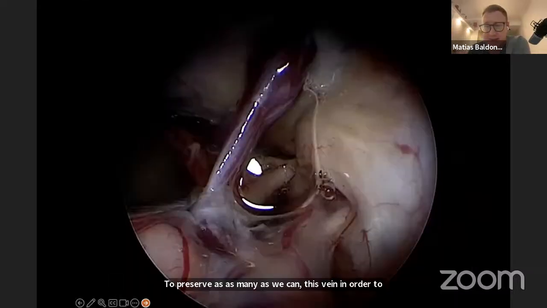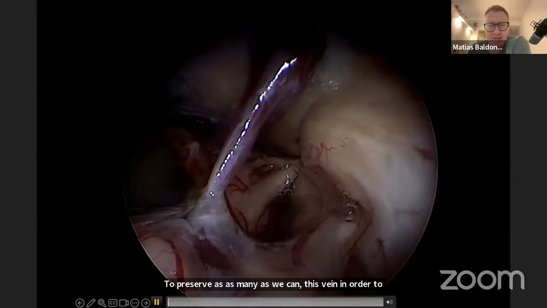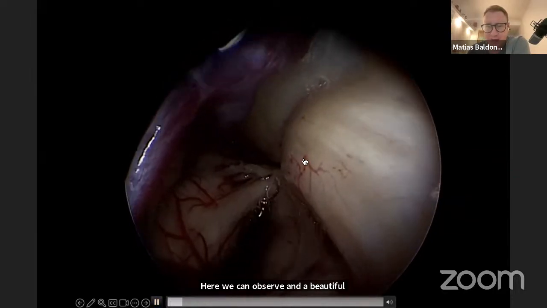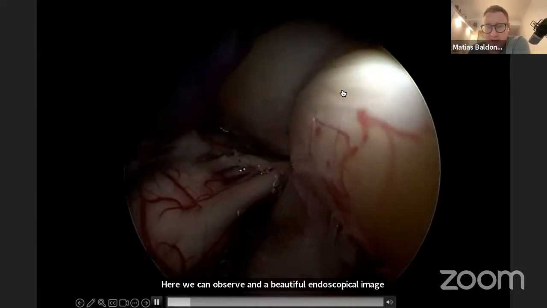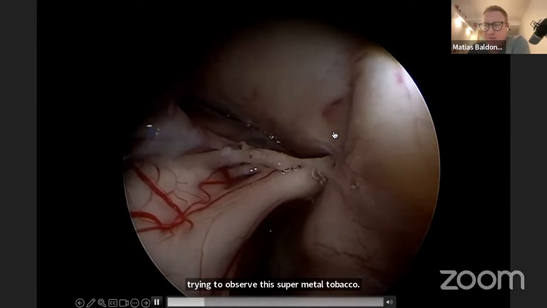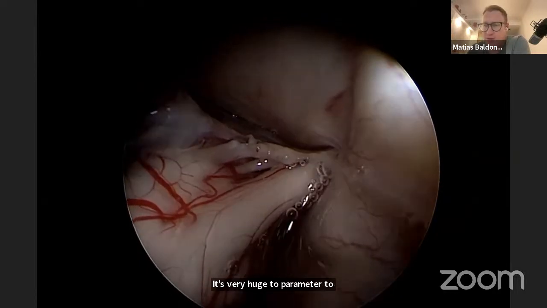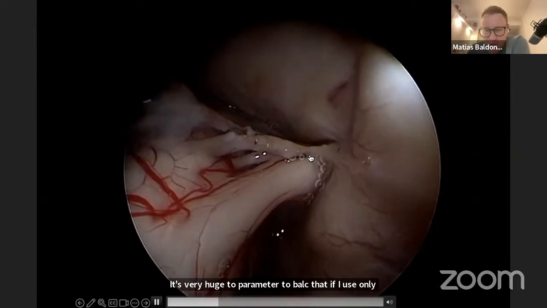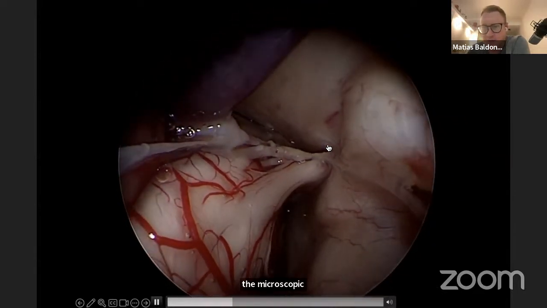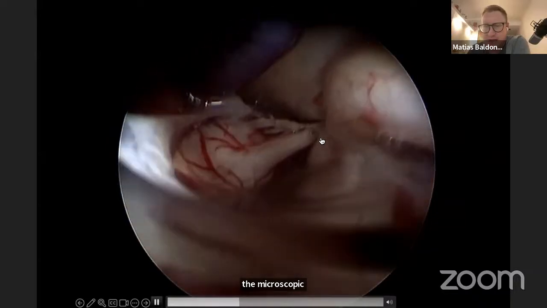brainstem or the cerebellum. Here we can observe a beautiful endoscopic image showing this suprameatal tubercle, this very huge suprameatal tubercle, where with only the microscopic view it is very difficult to see the point where the nerve enters the dura mater and Meckel's cave.